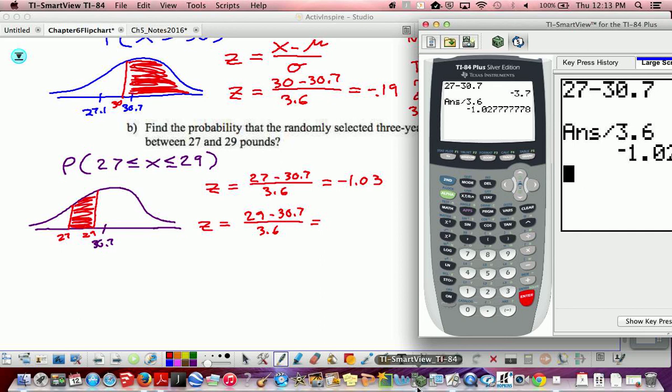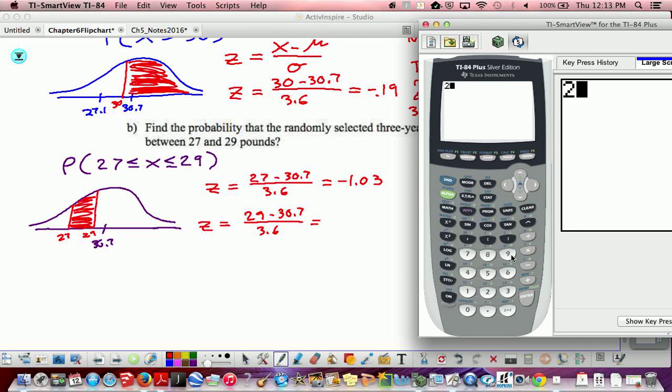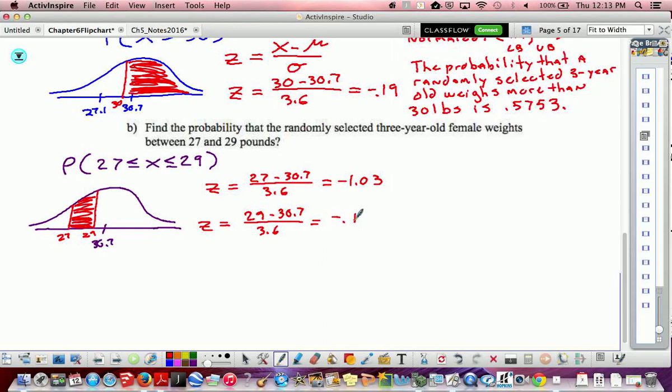Do the second one. 29 minus 30.7 divided by 3.6. I have to hit enter since I didn't put it in parentheses. Negative 0.47.